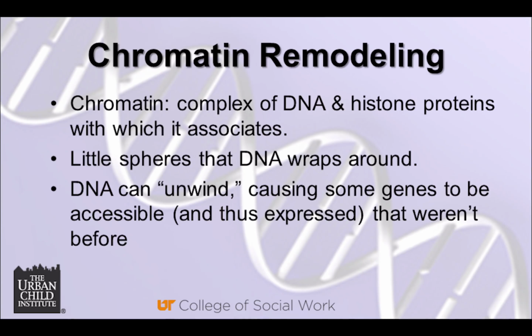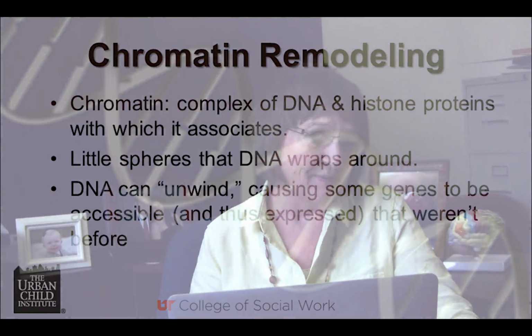They're just little spheres that help the double helix stay wound. It can happen, though, that the DNA can begin to unwind. So when that happens, some genes will be more accessible, so they will be expressed. Other genes, if the chromatin tightens up, genes can be silenced because there's not access to them anymore.